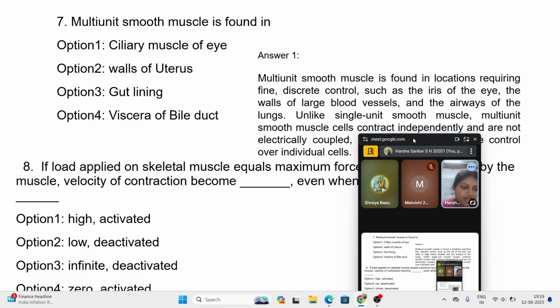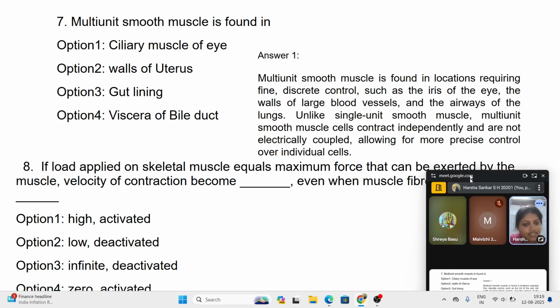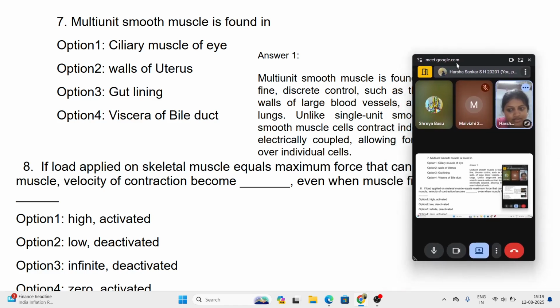And others are iris of the eye, walls of large blood vessels, airway of the lungs, etc. Unlike single unit muscle, multi-unit muscle cells conduct independently and are not electrically coupled, allowing for more precise control over individual cells.